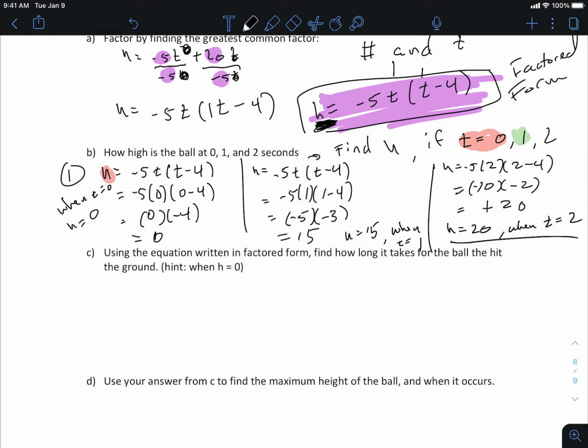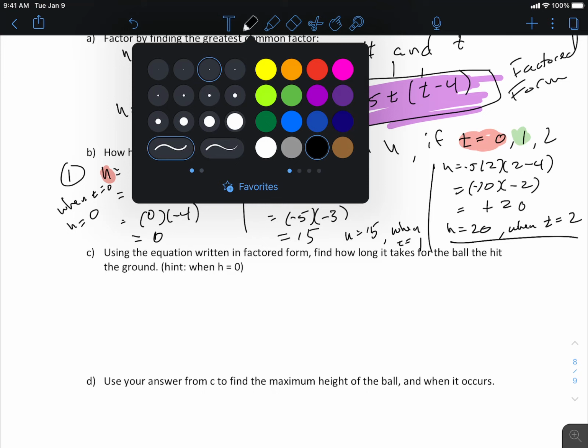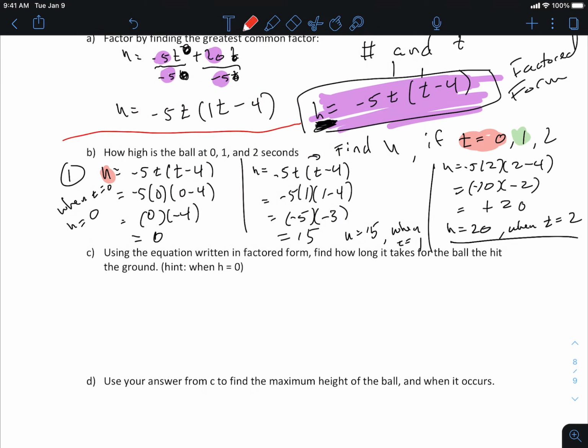Okay, so you now have, from part A, an equation that represents the height relative to time, but you've factored it in a way that it'll spit out your answers, right? So I'm just going to rewrite it.